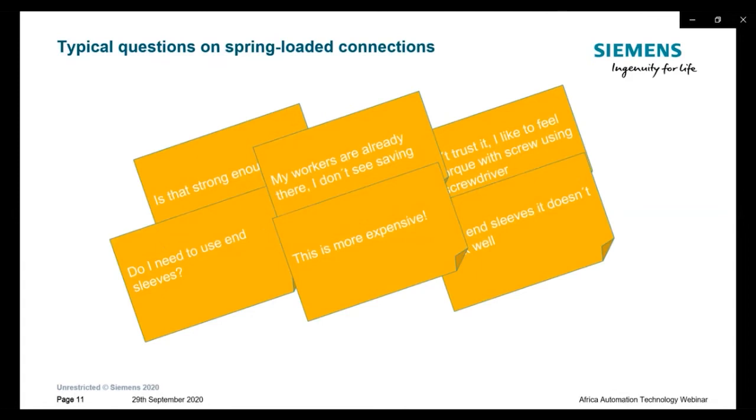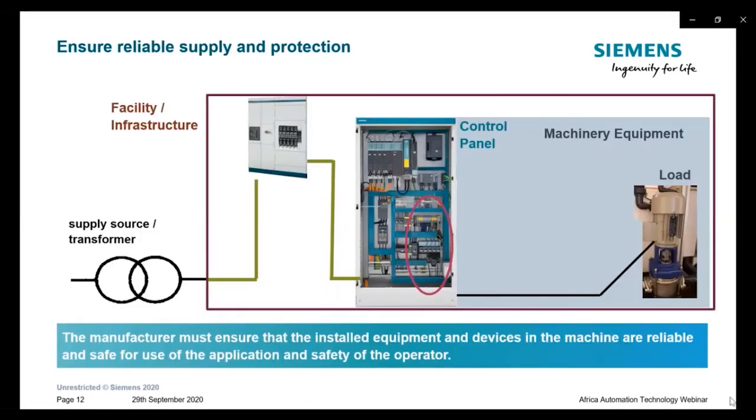With the next slide, I hope to provide you an answer to those doubts, looking into a real example for the electrical power supply of machinery equipment. Ensuring reliable supply and protection is relevant over the entire electrical supply chain.